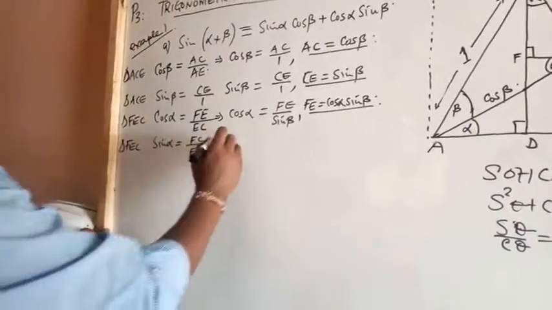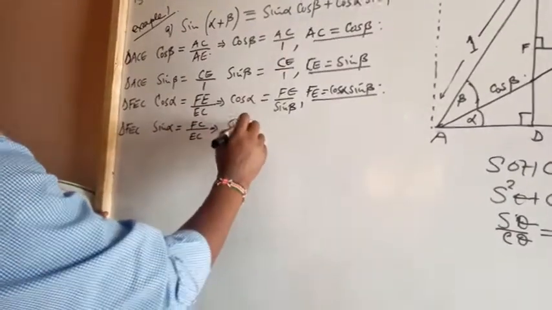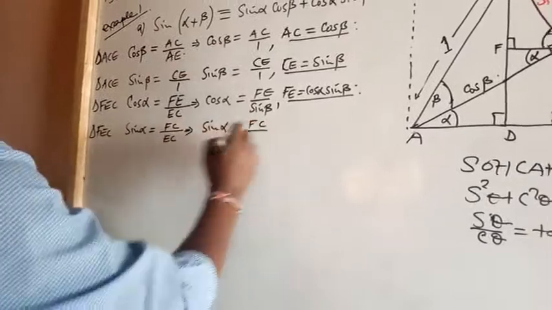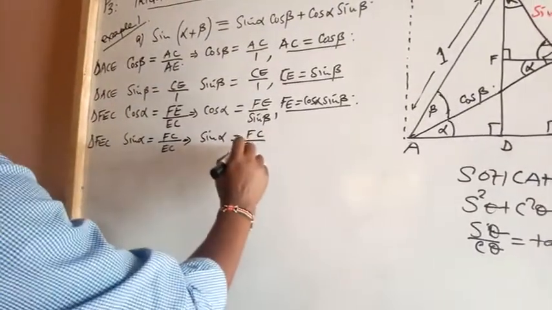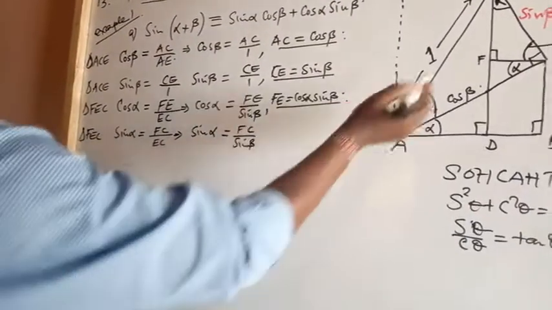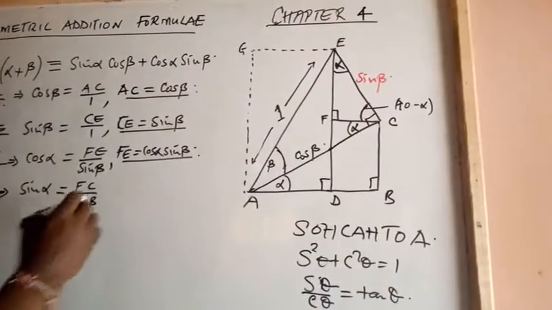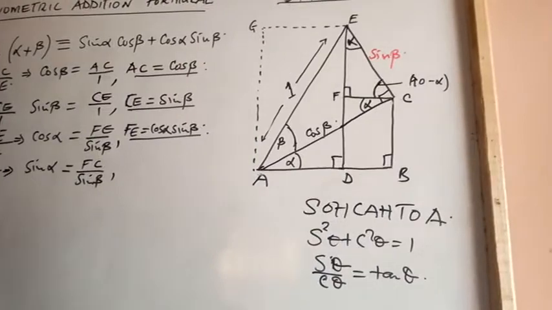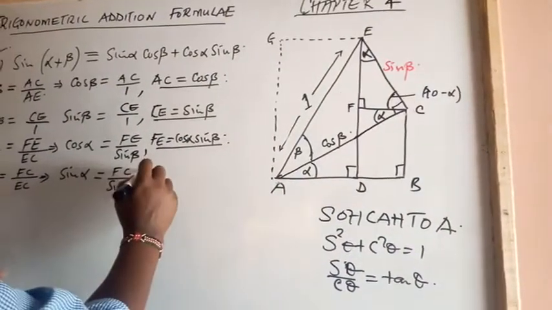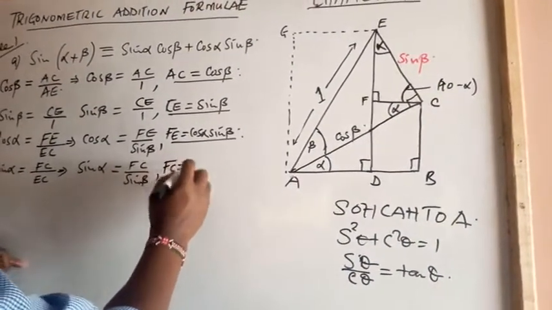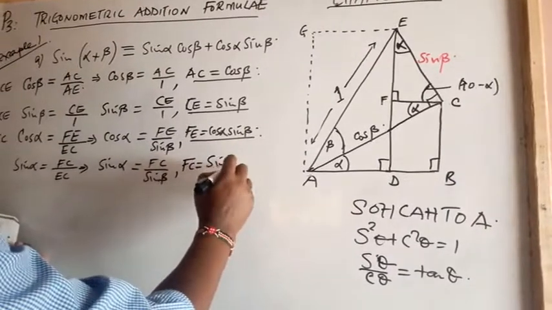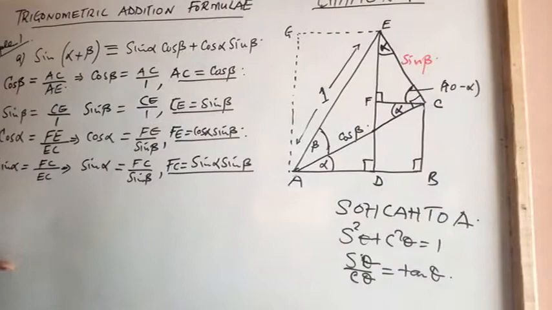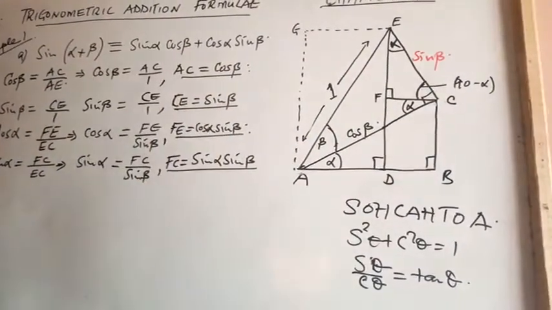This gives us the sine of alpha is FC over EC, which is sine beta. Again, you can see EC. So if we make FC the subject of the formula, FC becomes sine alpha sine beta if you cross multiply. Underline that.